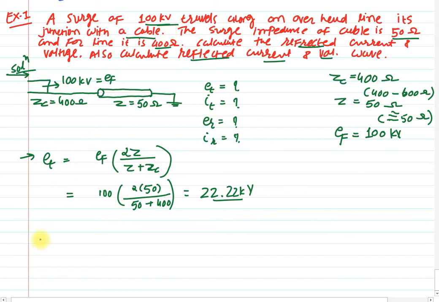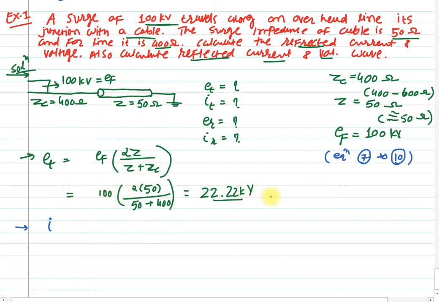The next is we have to calculate the IT. Just recall the previous theory and equations where we derived them. Just use equations number 7 to 10 which we derived in the previous theory. Using all these four equations, we can calculate each and every parameter asked. Clear?